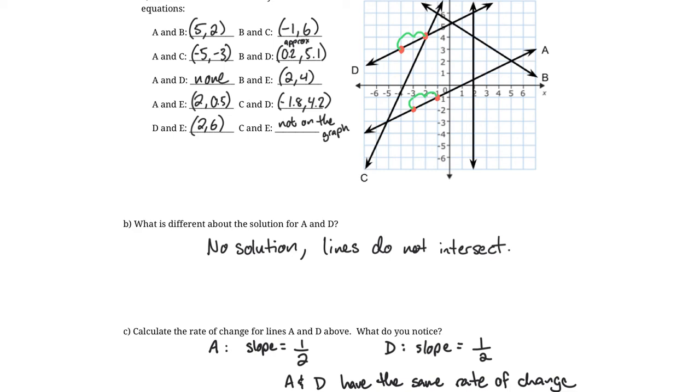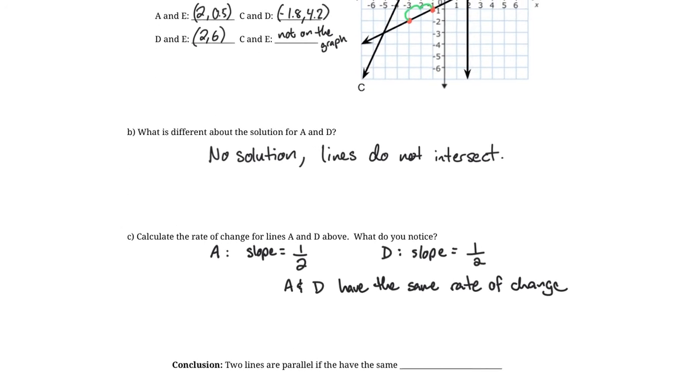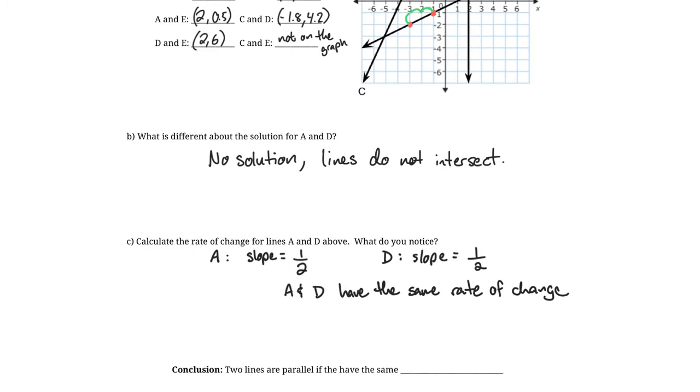So this is clearly different from lines A and C because their slope is clearly different and they definitely have a point of intersection. But lines A and D do not intersect, and when we do calculate the slope, they're exactly the same. So they will never intersect. So what that means is they are parallel. And that just means that the distance between these two lines is always going to be the same. So when two lines are parallel, they have the same slope.